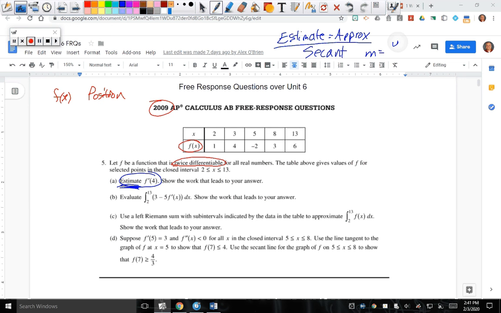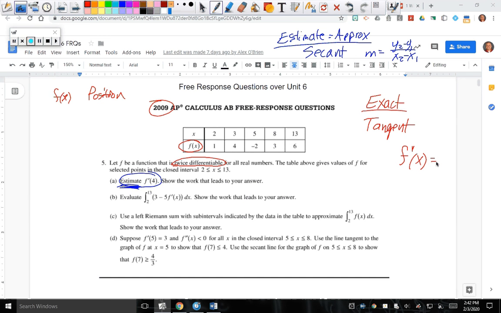We did that back in Algebra 1. Whereas the exact is the tangent, and this is what we've been doing in Calc, which is the derivative.